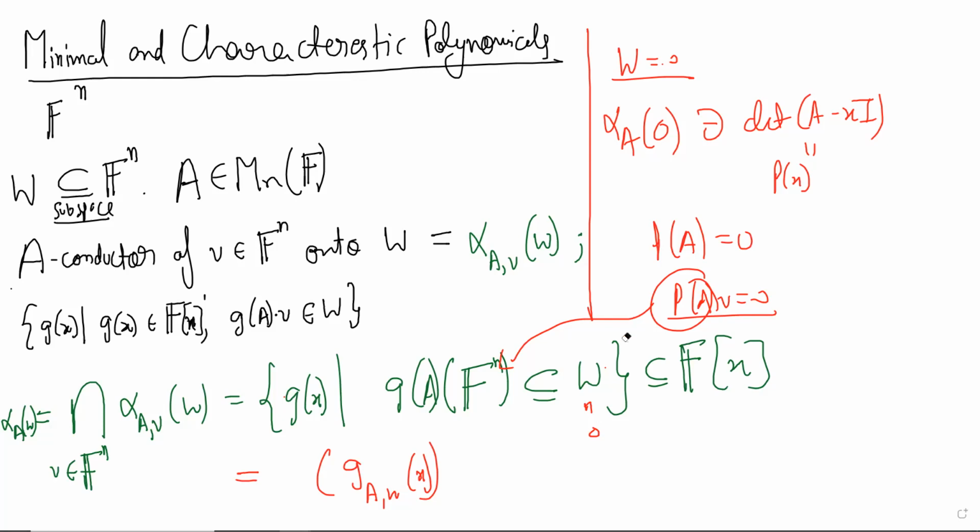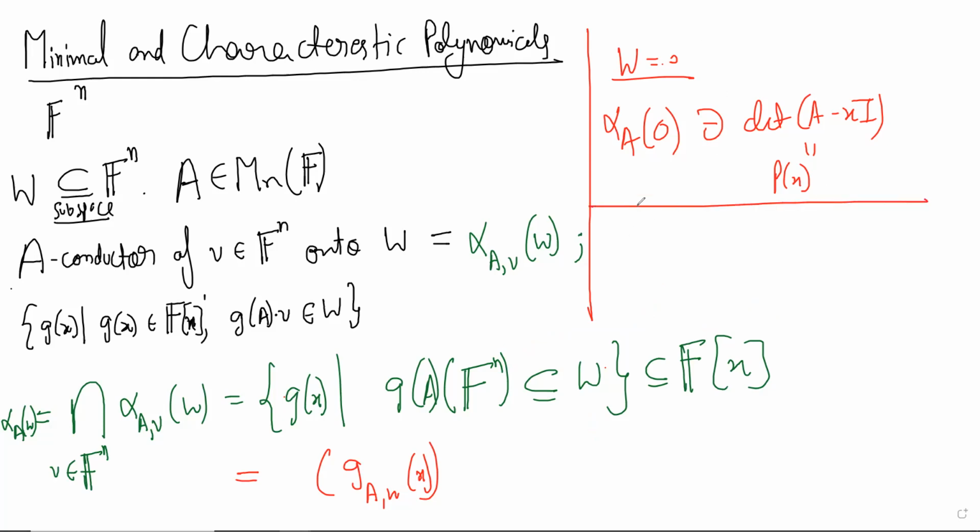But more interesting than this, we would want to look at the generator. I will say this more concretely as well. This is the generator of alpha is 0, which means we just put 0 here, or just put g(A) equal to 0, all are the same, the 0 matrix.